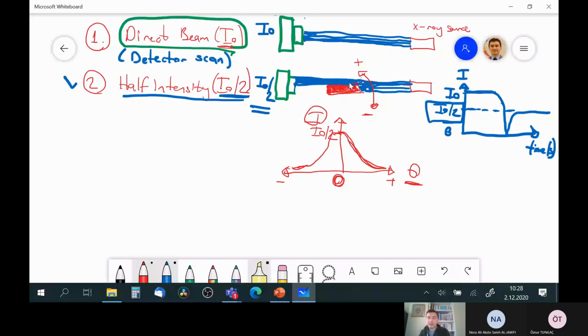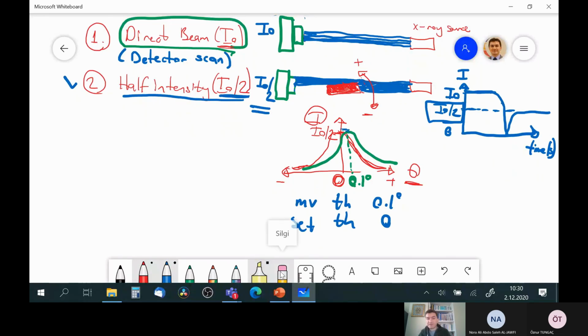Then what about the signal? The signal here will be like this. Let's say this is 0.1 degree. So what to do? You have to move theta to 0.1 and set theta to 0, where you see the maximum intensity. And then now you have the correct position for the sample, okay?